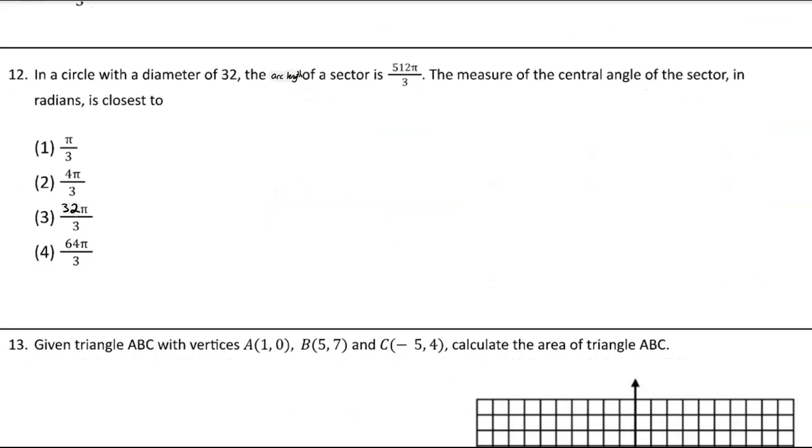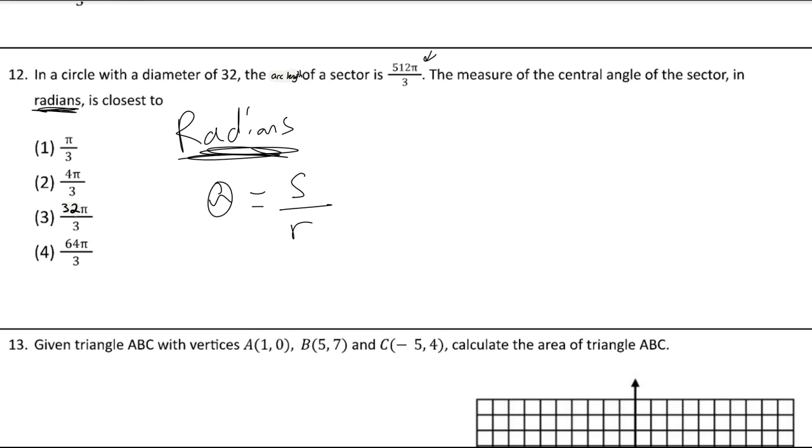In a circle with diameter of 32 and an arc length of the sector is 512 pi over 3, the measure of the central angle of the sector in radians is closest to one of those. Now, if they're talking about an angle measure in radians, they are telling me to use the formula theta, the angle measure in radians, is equal to the arc length divided by the radius.